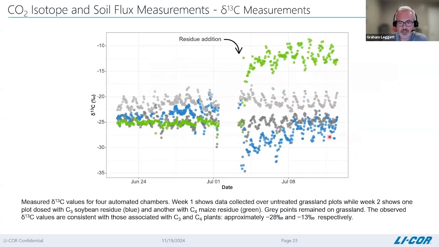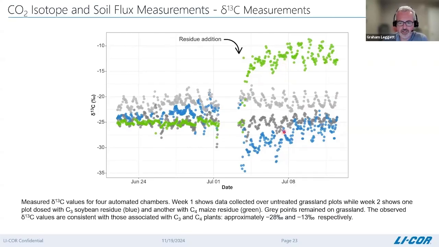While in week 2, the section on the right here, we show one plot dosed with C3 soybean residue, which is the blue plot here, and another with C4 maize residue, which is the green dots at the top, while the grey points remained on the bare grassland. And what you can see is a clear differentiation in measured delta 13C based on the C3 and C4 photosynthetic pathway.